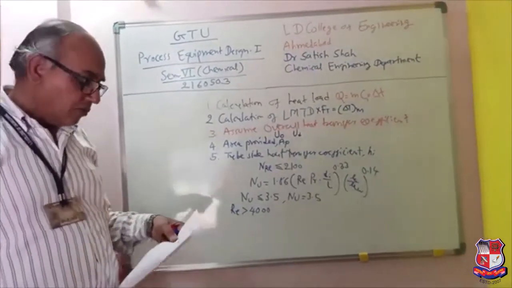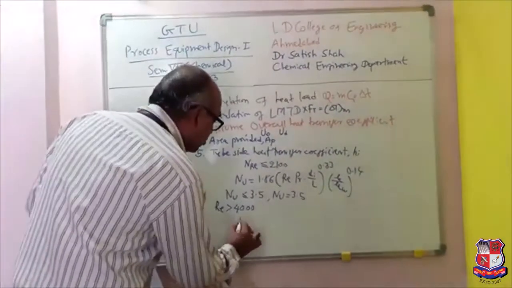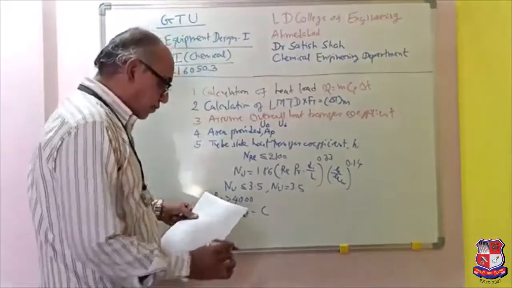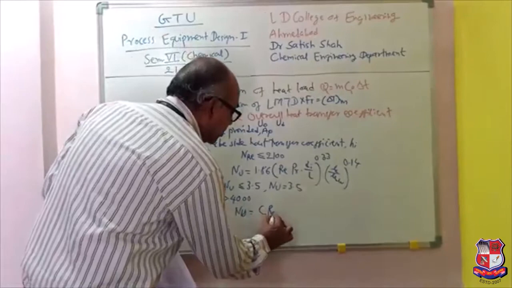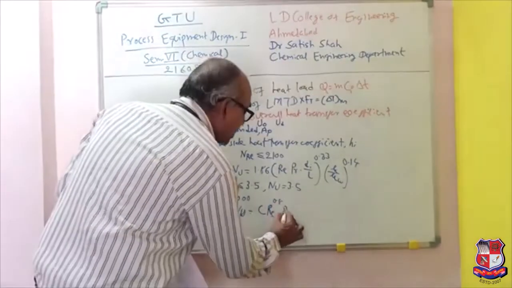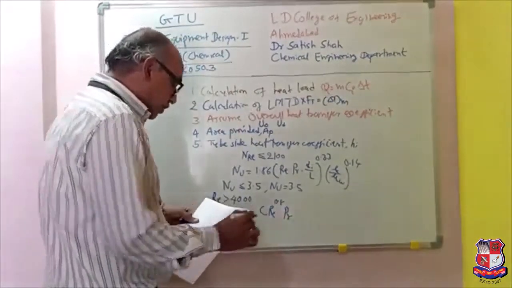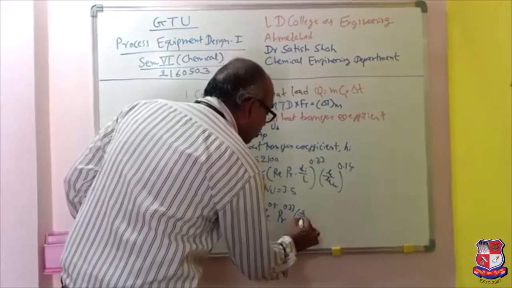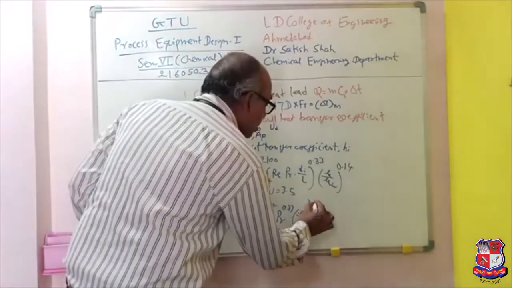In that case, our formula will be Nu is equal to C Re raised to 0.8, Pr raised to 0.33, mu by mu W raised to 0.14.